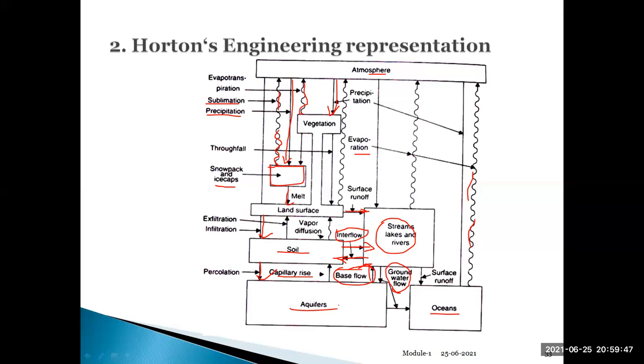Ultimately all the water reaches back to the ocean, and from the streams also evaporation will occur. So the process repeats: evaporation reaches the atmosphere, precipitation, runoff, subsurface runoff, infiltration, and percolation. This is how the engineering representation looks for the hydrological cycle.